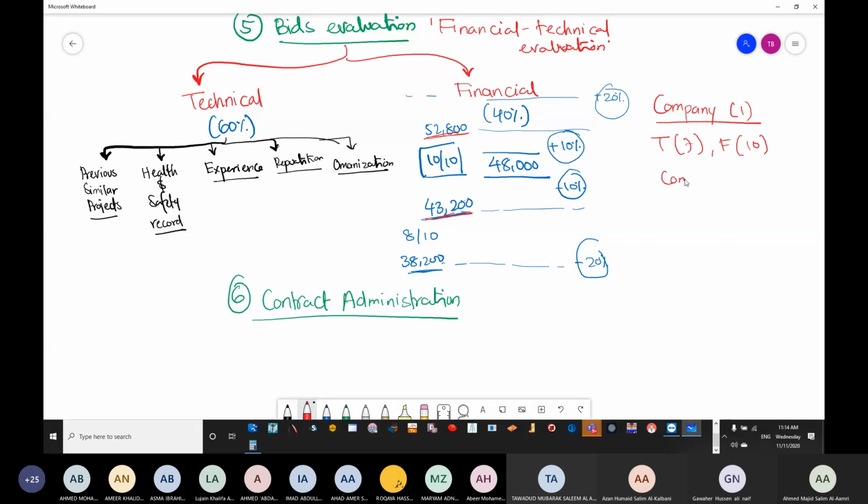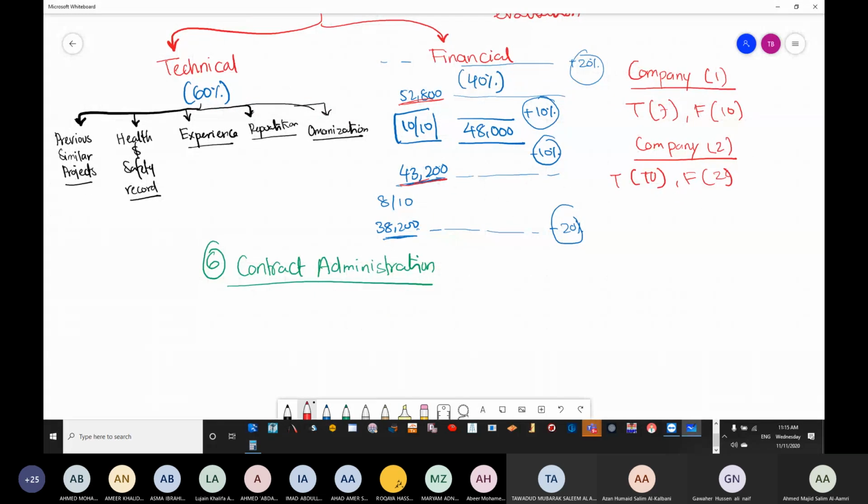Company number 2, in the technical, they have got 10. In the financial, they got 2 because their offer was too less.